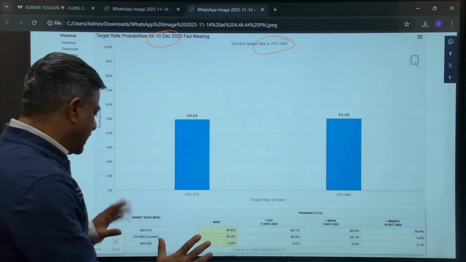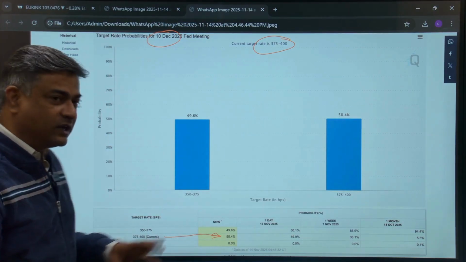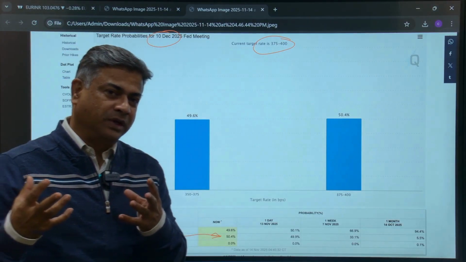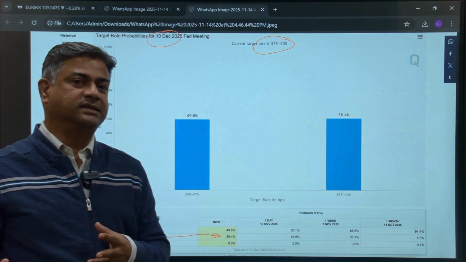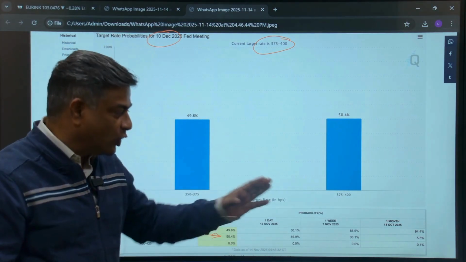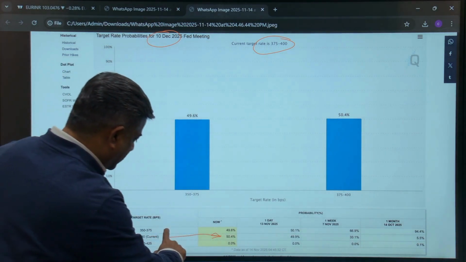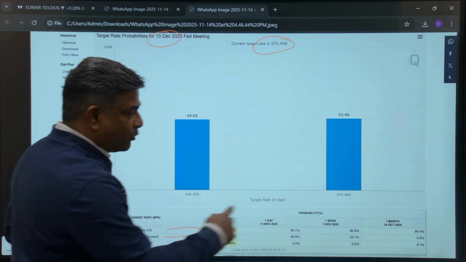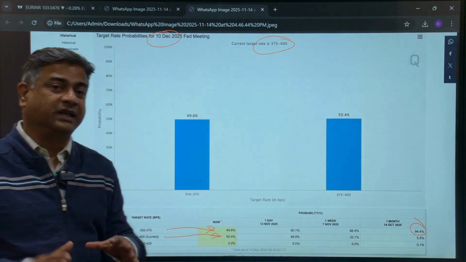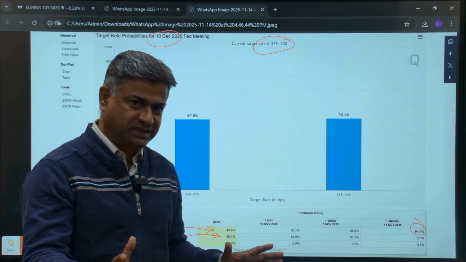We are looking at this particular line which shows a 25 basis point cut and how that cut probability has changed in the last few weeks and a month. One month back, on the 14th of October, the rate cut probability for the 10th December meeting was 94%.